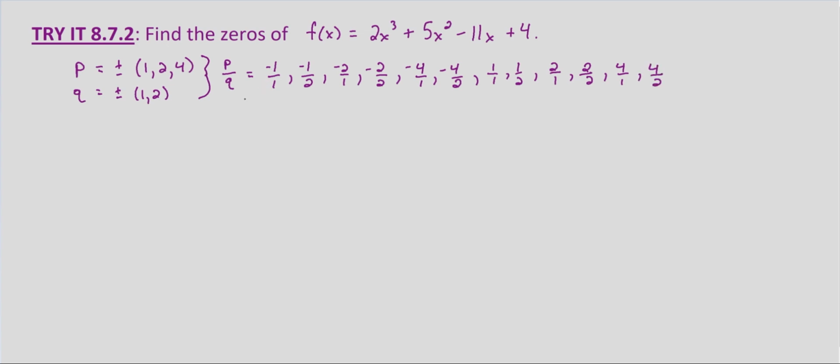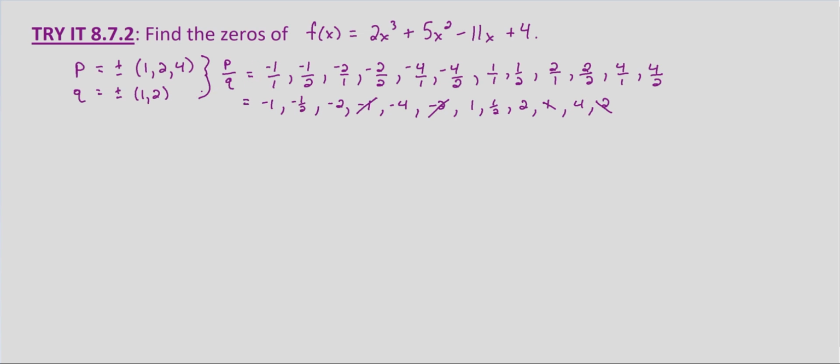So then we'll write those possibilities out as simplified. So this equals negative 1, negative 1/2, negative 2. We have negative 1 again, so I'll just cross that one out since we already have it. Negative 4. We have negative 2 again, so I'll cross that one out. And then repeat the process with the positives. 1, 1/2, 2. We have another 1, so I'll cross that out. 4, and then we have another 2, so I'll cross that one out.